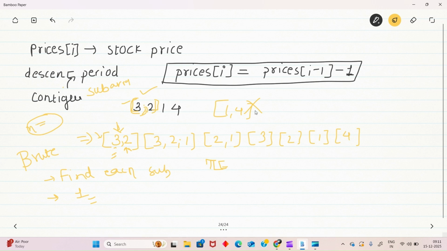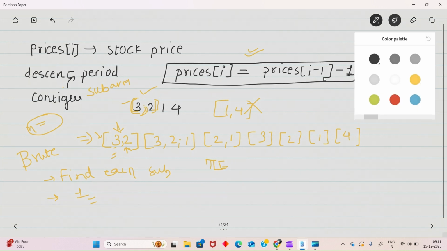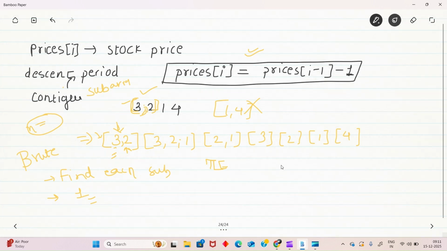We know that if we have size n, the number of subarrays we can form is n into n plus 1 by 2.